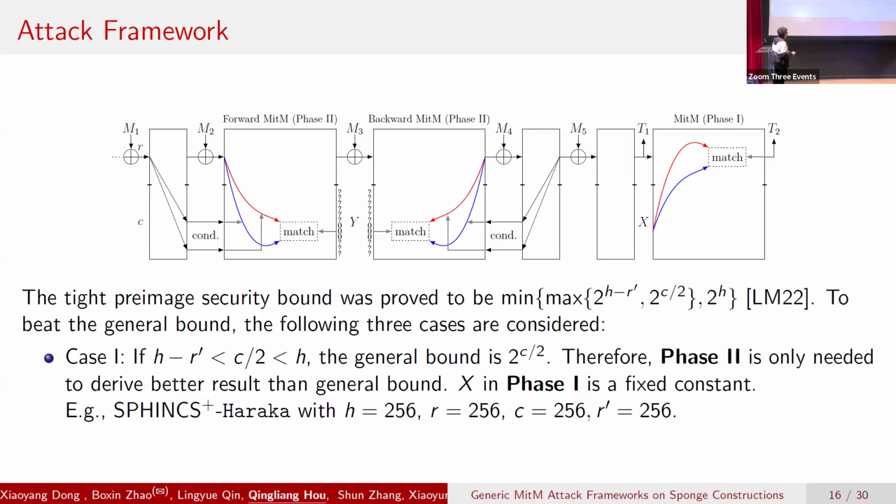Therefore, phase 2 dominates the overall time cost. We only consider phase 2, and for the X in phase 1, we could fix it at a constant. The typical example is Sphinx Harlock.